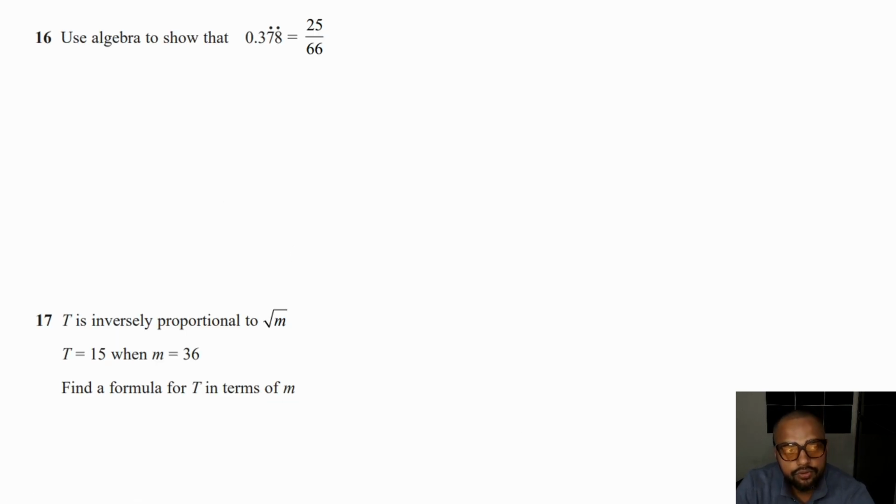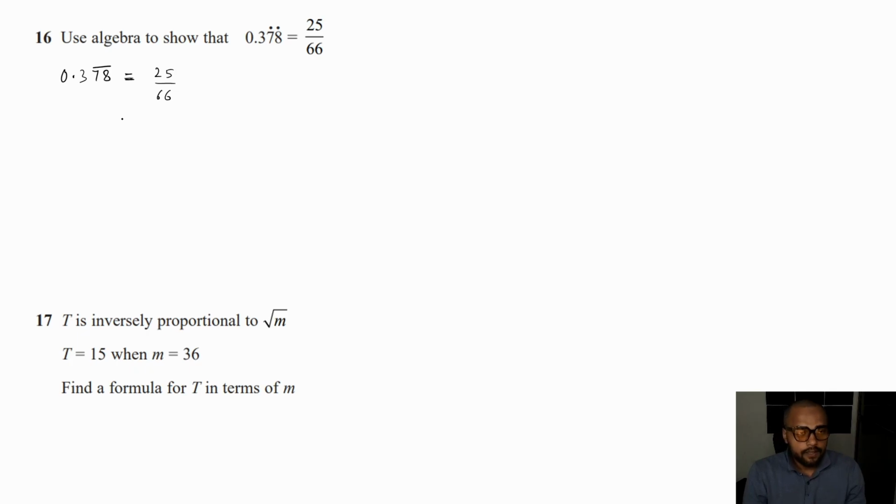Now we need to show, as given in the question, that 0.378 repeating is a non-terminating repeating number, and it is 25 by 66. Okay, this is the repeating part.